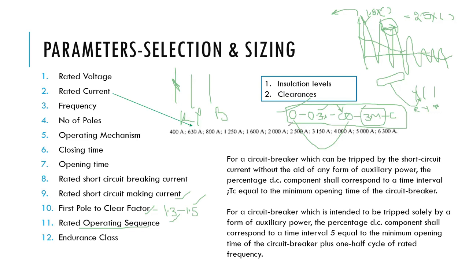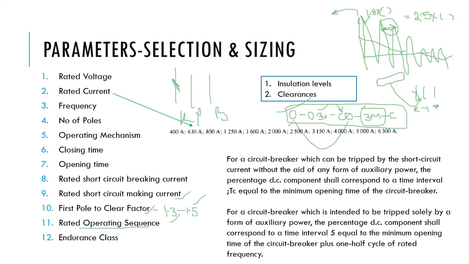So it requires some time again to regain its strength. That was defined as 3 minutes across all the vendors as per IEEE. If you are not giving that, the energy cannot be handled by the breaker and it will blast. So that is the rated operating sequence.